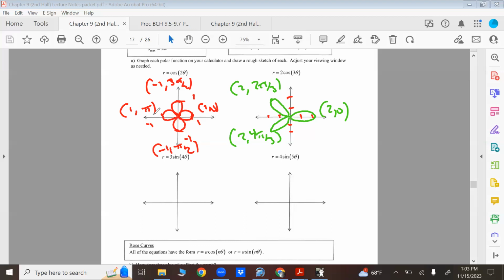For the sine curves, remember we had something kind of like this here. These kind of look like those balloons you get at carnivals. They charge you too much money to pop.